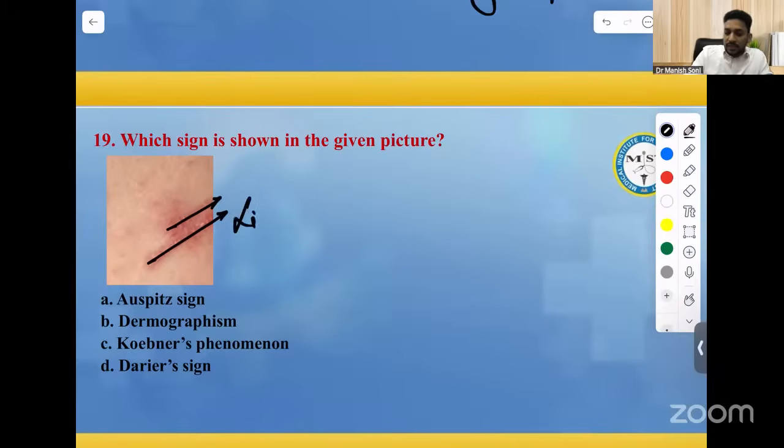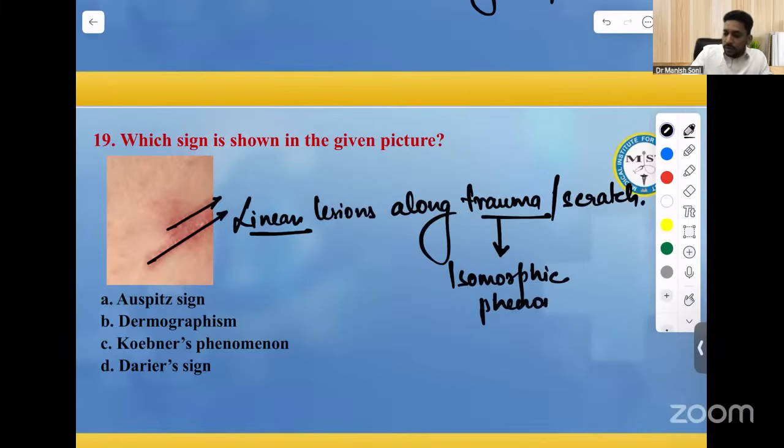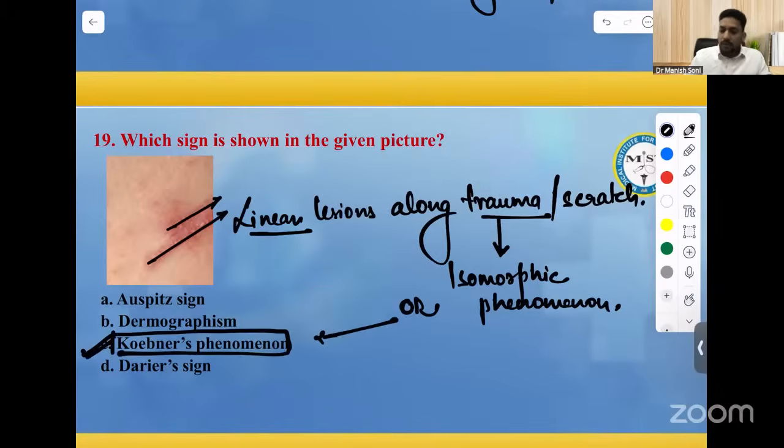So linear lesions along trauma or scratch is known as isomorphic phenomena. Another name is Koebner's phenomena. So Koebner's phenomena is also known as isomorphic phenomena.